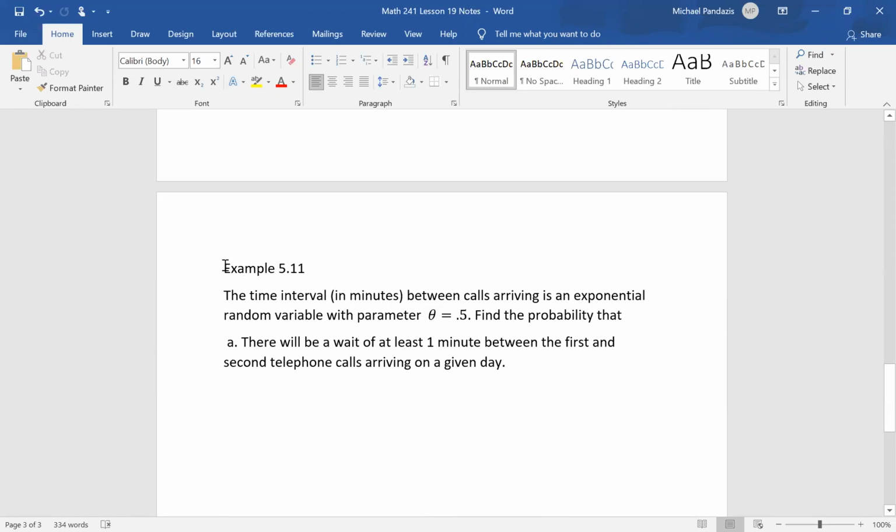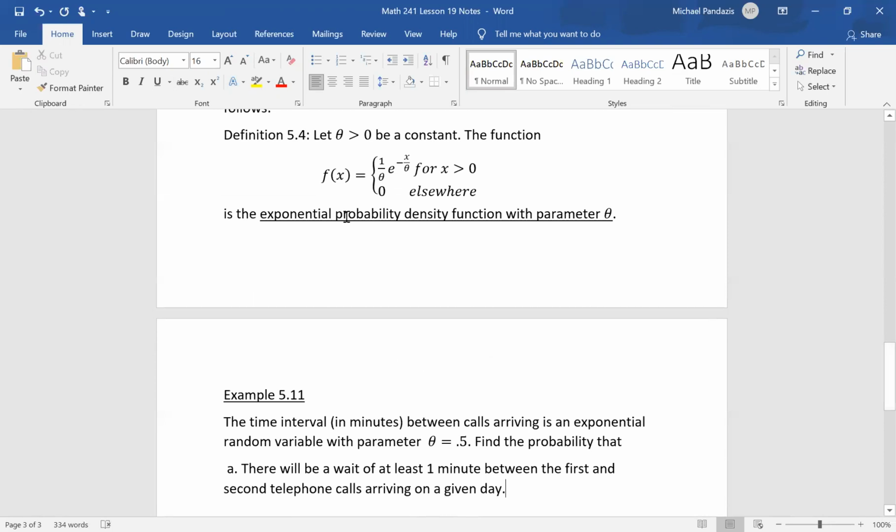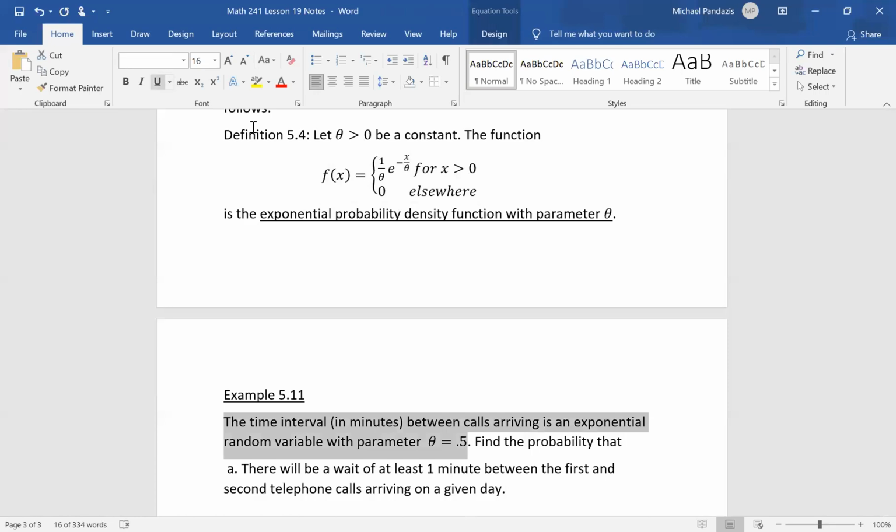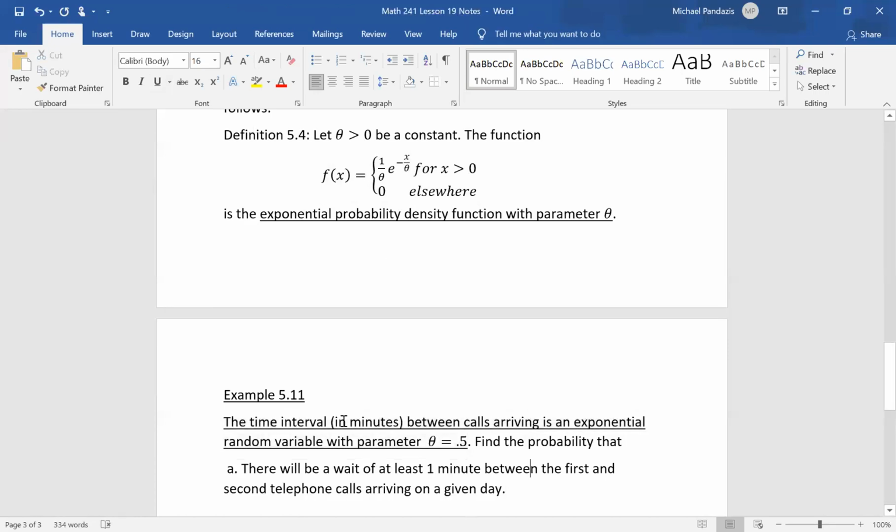Okay, so this is the example. This is our exponential probability density function with parameter theta, right? And so the time interval in minutes between calls arriving is an exponential variable with parameter theta equals 0.5. I'm going to underline that.